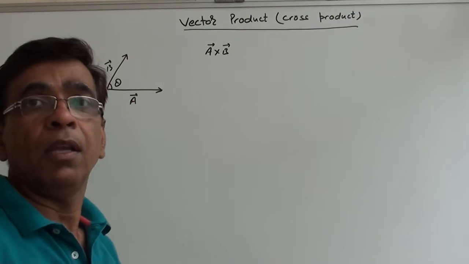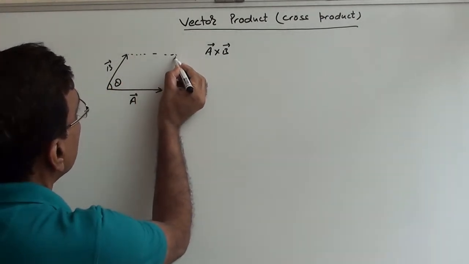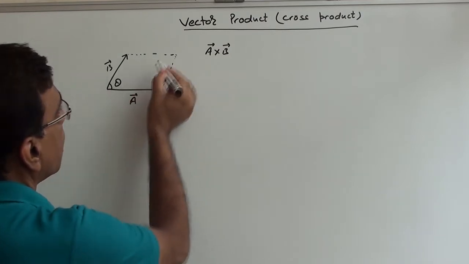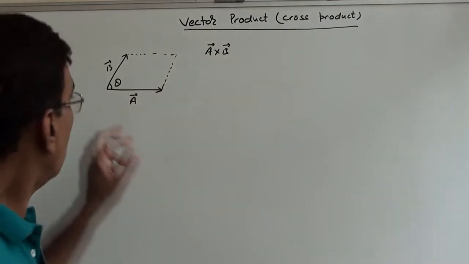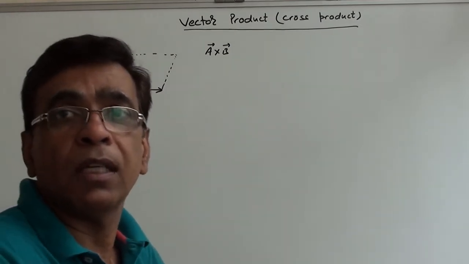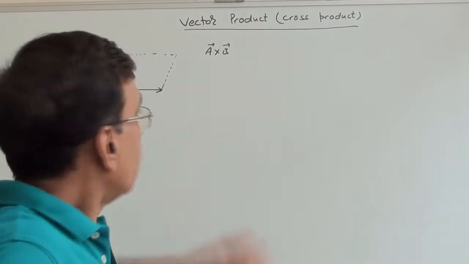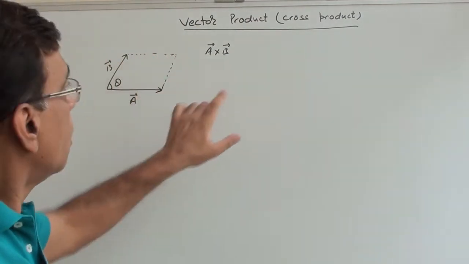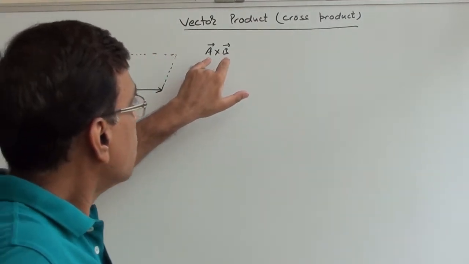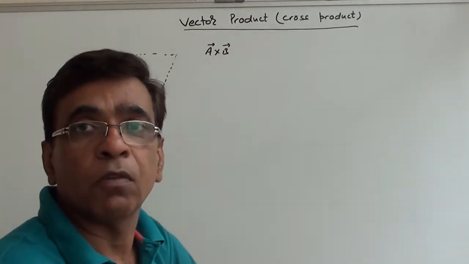Magnitude wise, A cross B gives us the area of this parallelogram. We can complete the parallelogram by taking the given two vectors as two adjacent sides. The area of this parallelogram is actually the magnitude of the cross product of the two vectors.